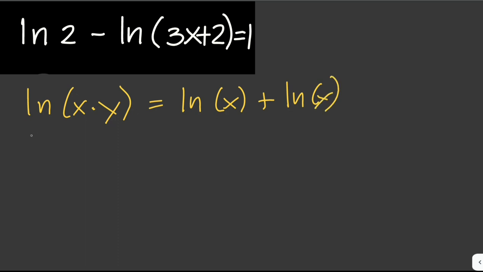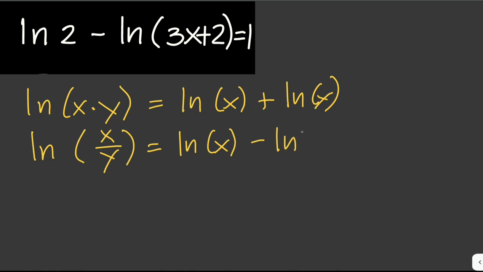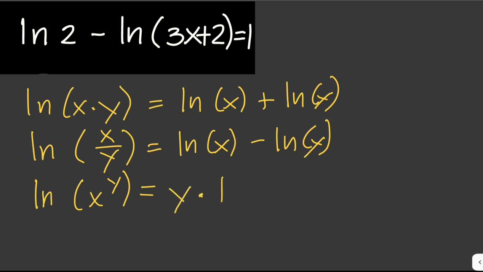Then the quotient rule, ln of x over y is just equal to ln of x minus ln of y. And then we have the power rule, ln of x to the y can be written as y times ln of x.